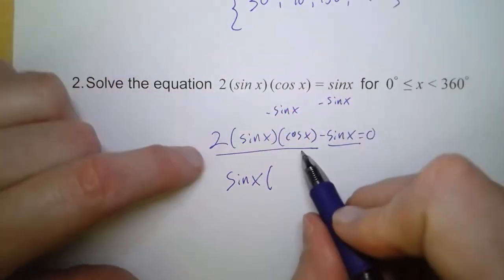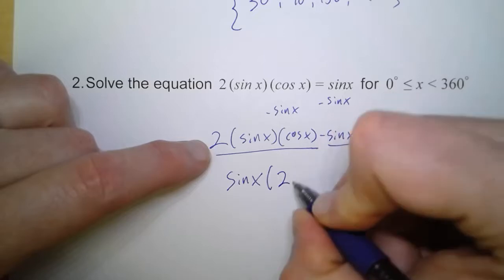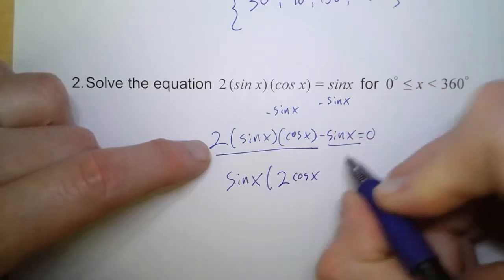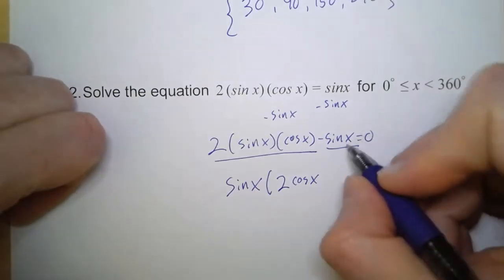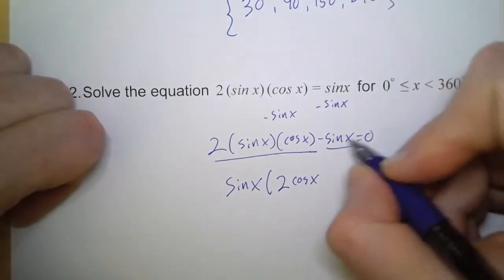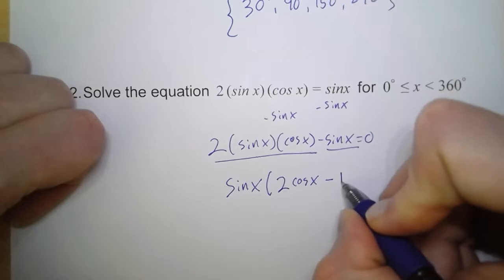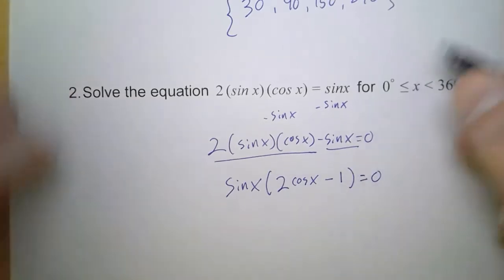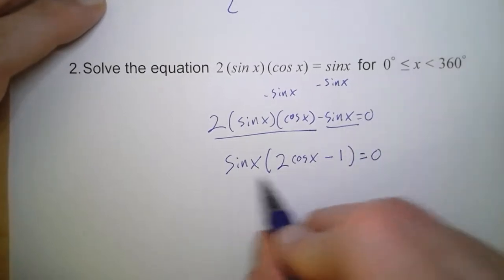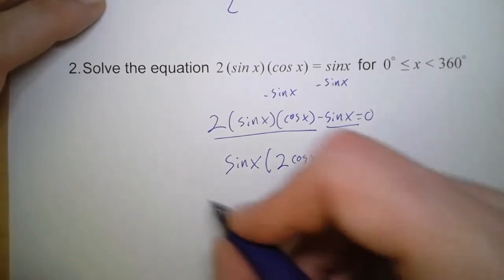When we factor sine x out of this, we're left with 2 cosine of x. When we factor sine of x out of this, remember that factoring means divide. A lot of people think there's nothing left. Well, no. We're dividing out sine, and that means we're left with 1. So now, these two quantities multiply to equal 0.